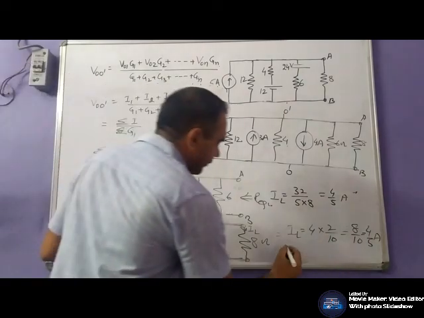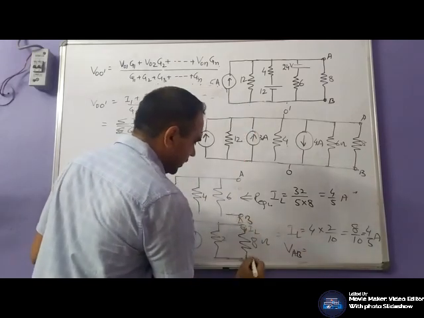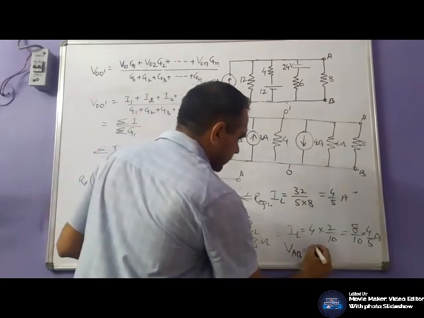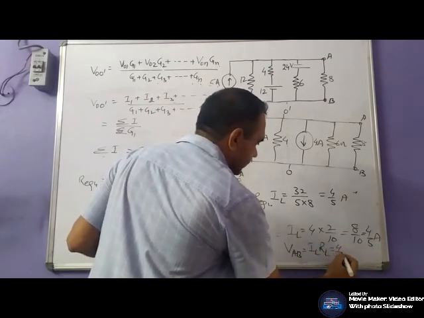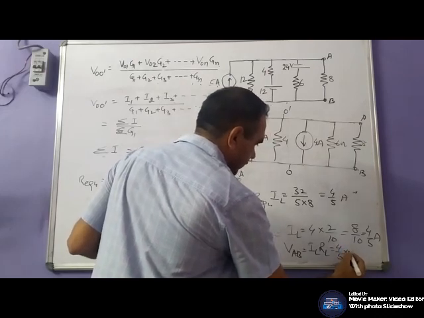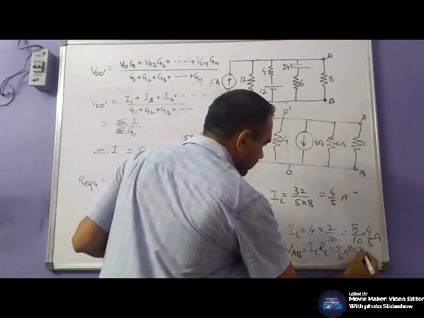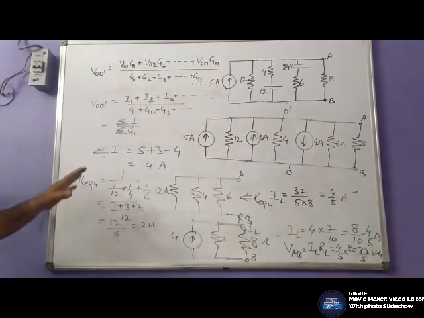And what would be the VAB? That would be equal to IL into RL, 4 by 5 into RL, which was 8, 32 by 5 volt. So the result would remain the same.